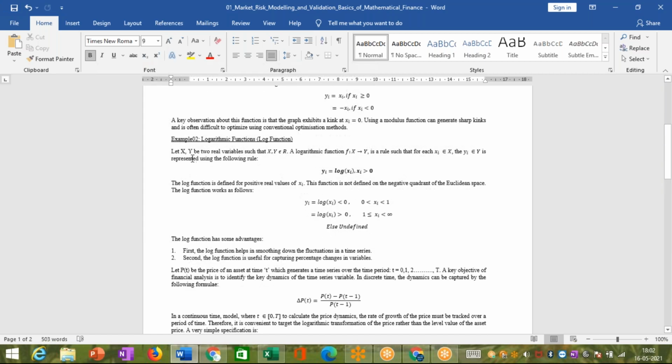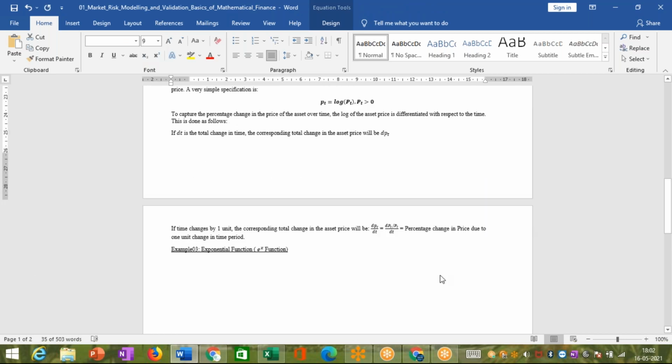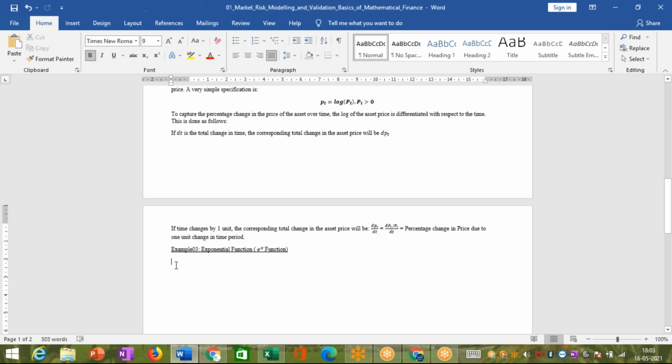Okay, so what I'll do is I'll copy this part from here. So let x and y be two real variables, where y belongs to R. This function is an exponential function.